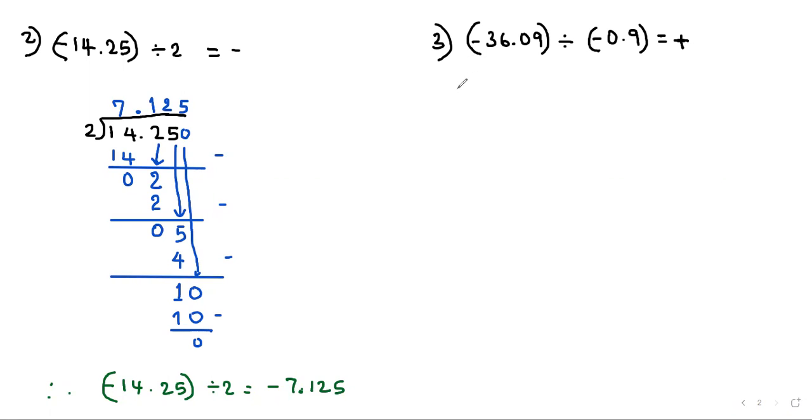And you see that the divisor 0.9 is not an integer. So what we are going to do, we are going to have 36.09 out of 0.9.